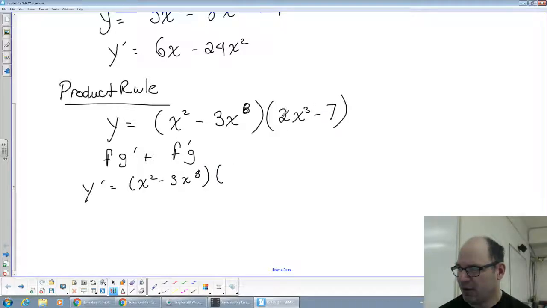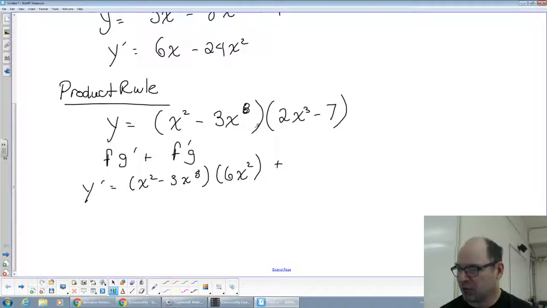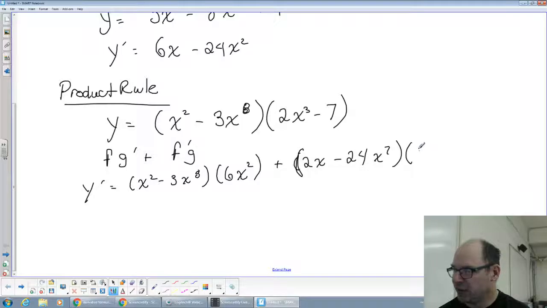G prime would be 6x squared, minus 0. Plus, then we would do F prime, which would be the 2x minus 24, because 8 times 3 is 24, x to the 7th, times G, which was the second one.